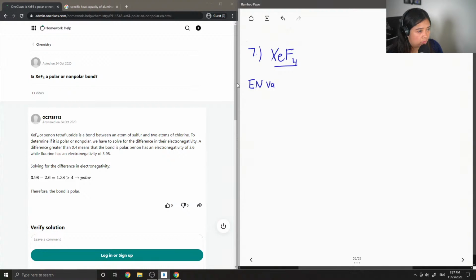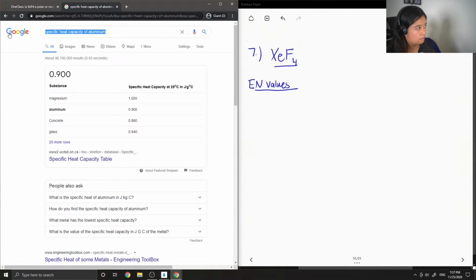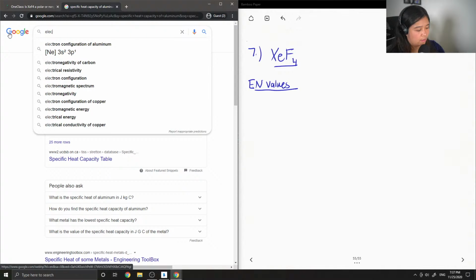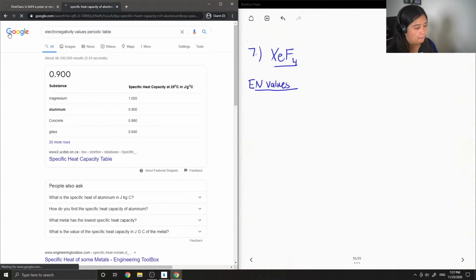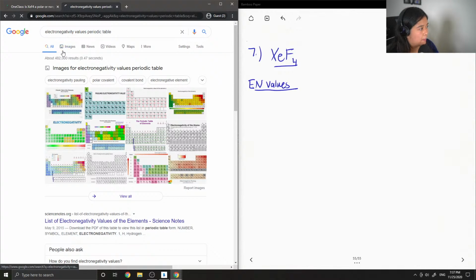So I'm going to look these values up. Let me just search electronegativity values, and then the periodic table.